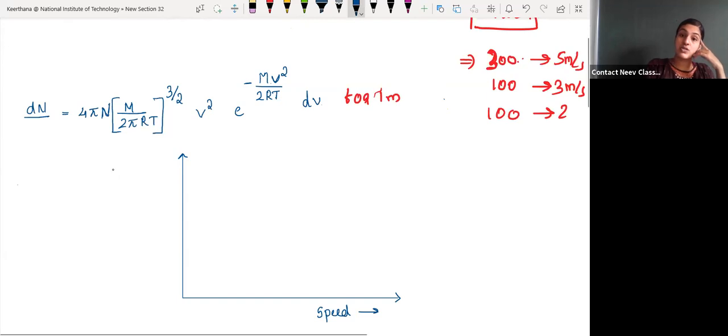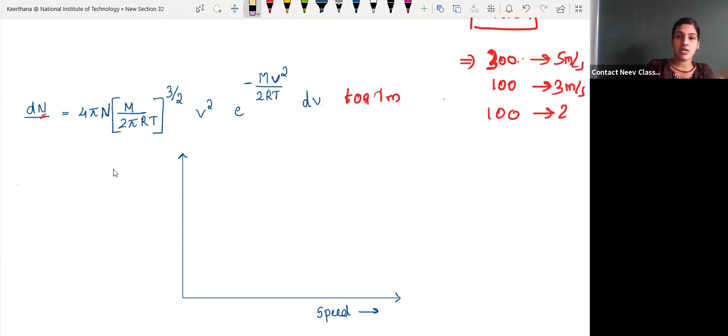This is a PG step. I want to explain this curve, and for that I just introduced this equation. It is not in your syllabus, and you can't find it in the text. So dn is equal to 4 pi N, (M by 2 pi RT) raised to 3 by 2, v square, e raised to minus M v square by 2 RT, into dv.